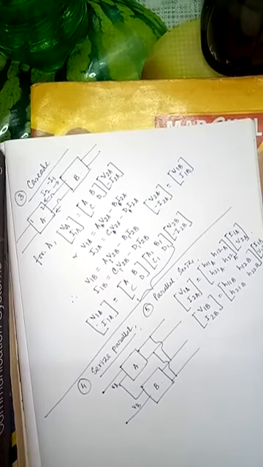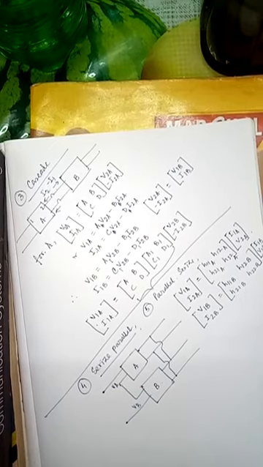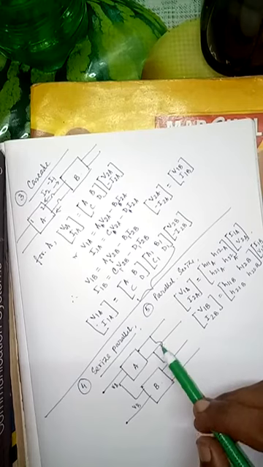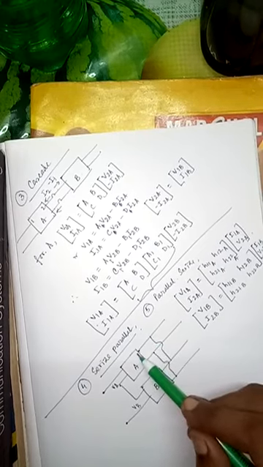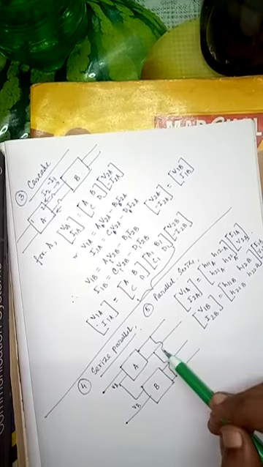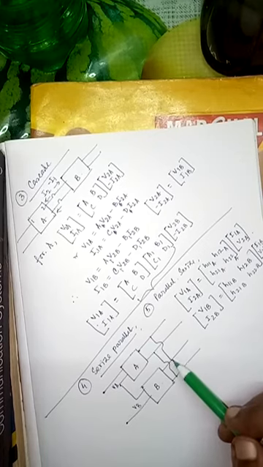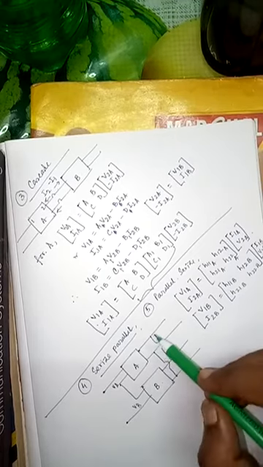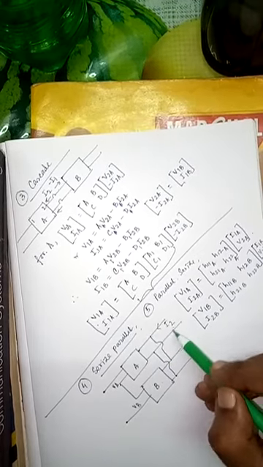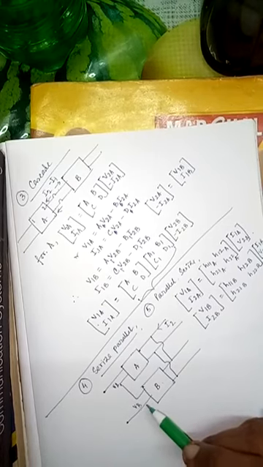So here you are seeing I2A and I2B. What is I2A? The current for A. And what is I2B? I2A and I2B are basically coming from a single source I2, and V1A and V1B are additive in nature.